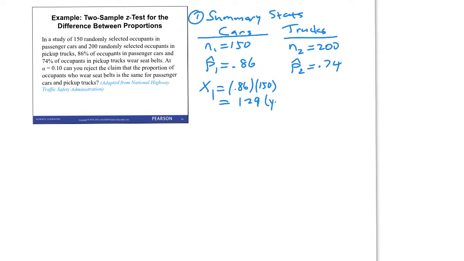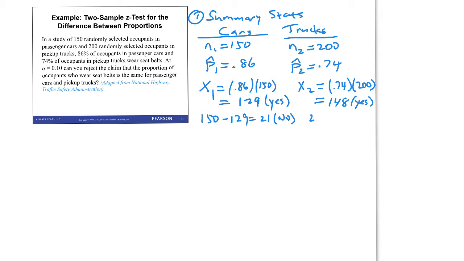So we have 129 people who said yes, and therefore we'd have 150 minus 129, or 21 people who said no. Okay, and then for the second sample, we need to know how many people said yes. So we have 74% of 200 people, which means 148 people said yes, and 200 minus 148, or 52, said no.